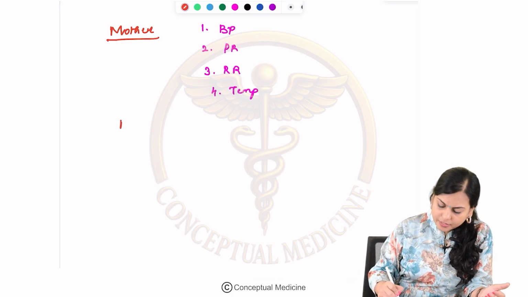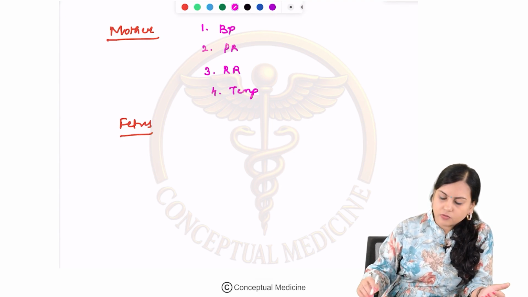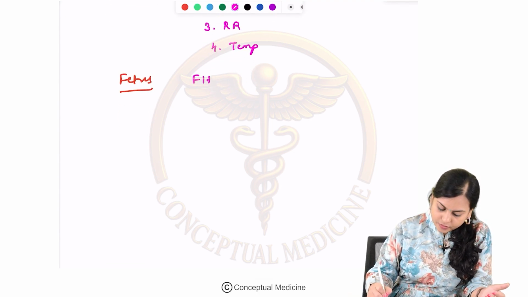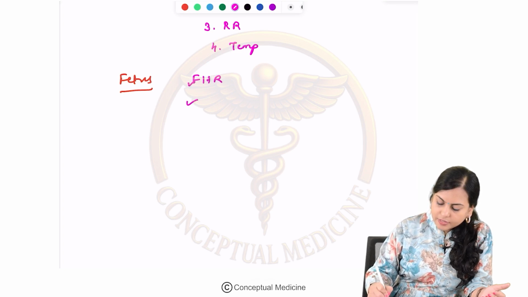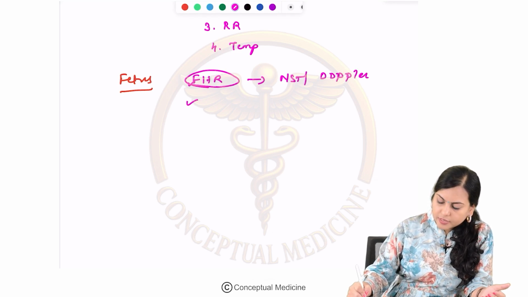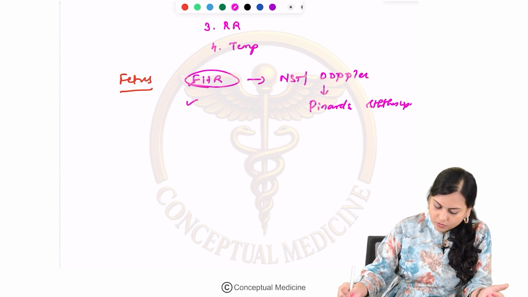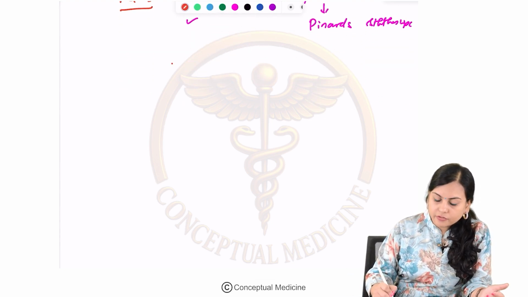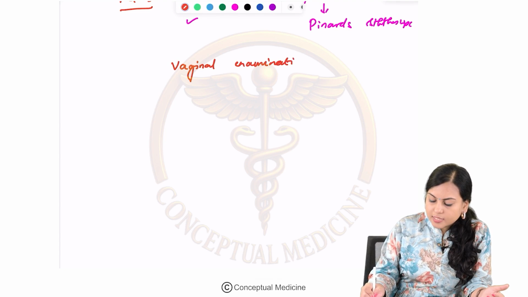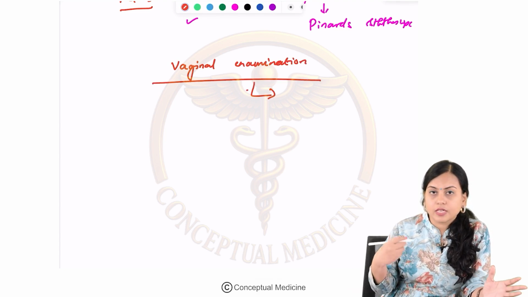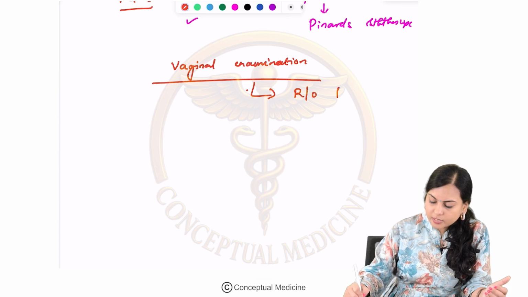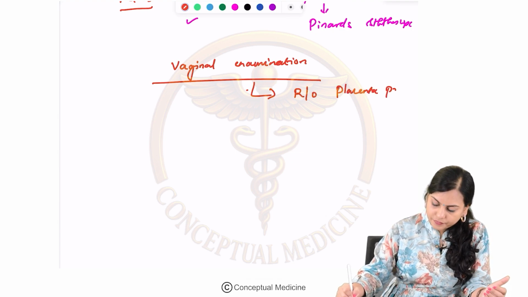And for the baby, that is the fetus, you have to check the fetal heart rate, which is evaluated using an NST or Doppler or even a Pinard stethoscope or a regular stethoscope. Then you have to do a vaginal examination in the mother to assess the cervical changes, but before doing the vaginal examination, rule out placenta previa.